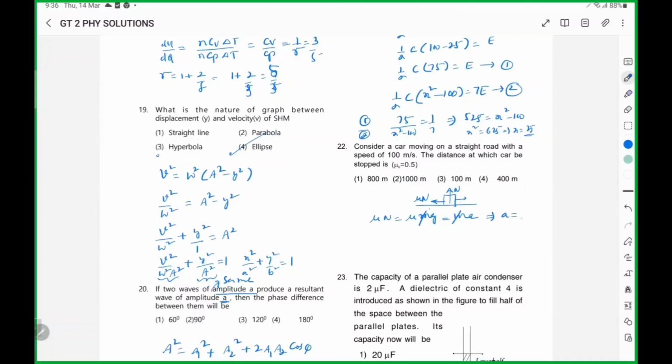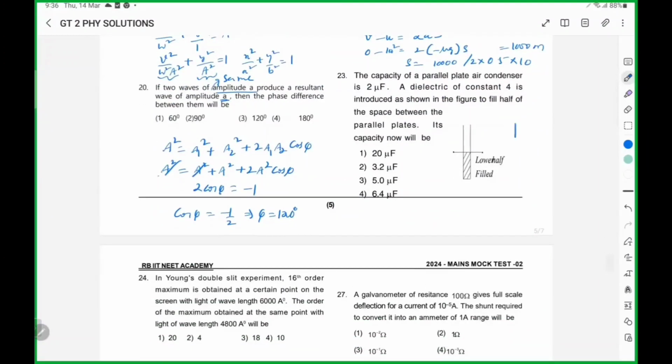Once it moves on a rough surface, this is the acceleration. V square minus u square is 2as, with 100 square, and acceleration negative because it is retarding. So minus mu g into s by 2 into 0.5. Here g is 10, so s is 1000 meters.